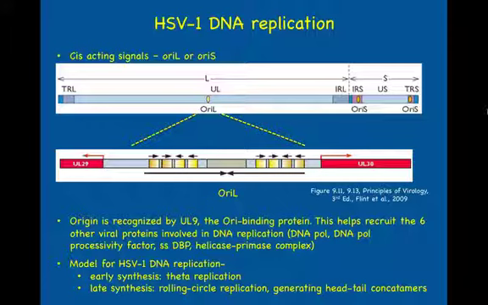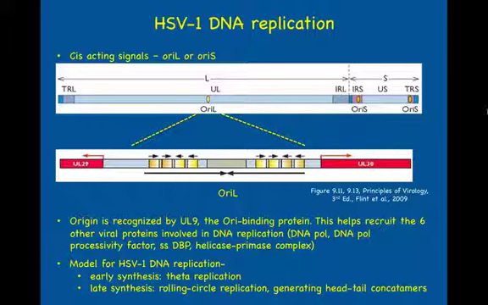It's the basic set that you'd expect: a polymerase, single-stranded binding protein, a helicase-primase complex, and then a processivity factor, which is probably acting similar to the mammalian PCNA, which essentially forms a ring around the polymerase and other molecules to keep them on top of the DNA, otherwise they could fall off during the course of replication and not finish it.